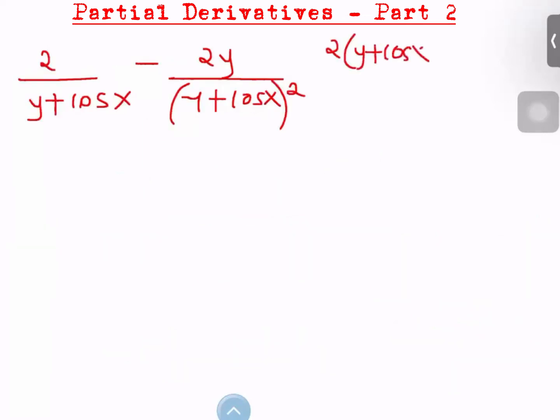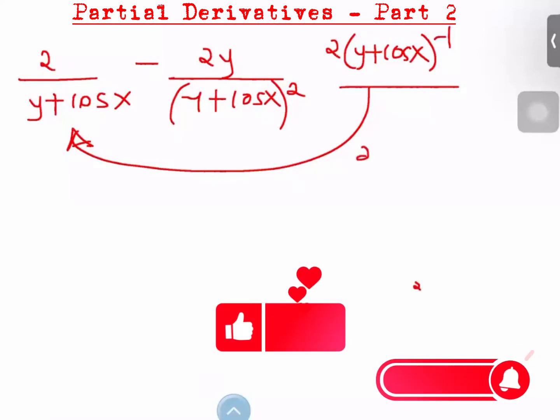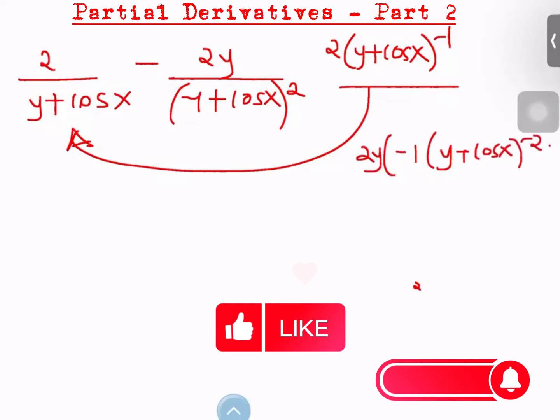This one has transformed to this. And then the second one was 2y into negative 1 into (y plus cos x) to the power negative 2, and then there was a multiplication by 1. When we multiply by 1, of course, it will still remain the same. So this negative is this one.